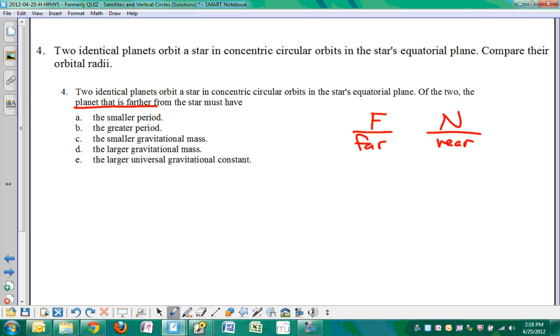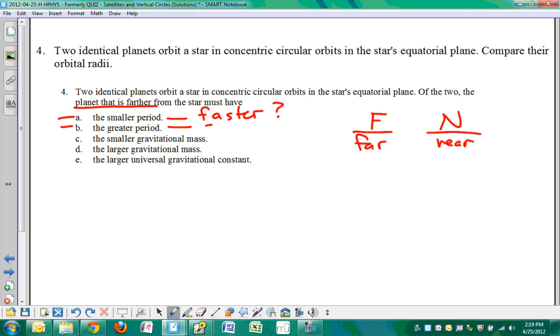For the one that's farther from the star, does it have a smaller period? Let's ask ourselves, does that make sense? If it has a smaller period, it takes less time to go around the circle. That means it's faster. So does the planet that's farther have a faster orbit? Let's check that in a second. Does it have a greater period?